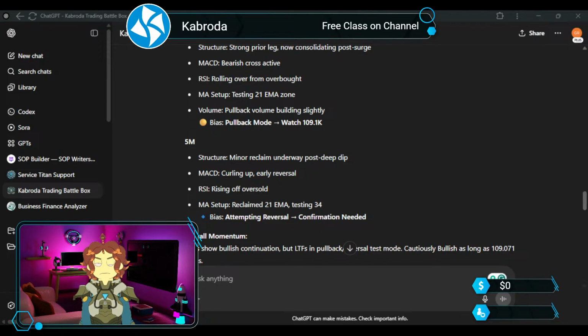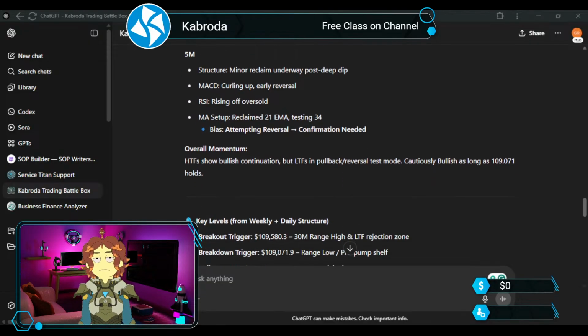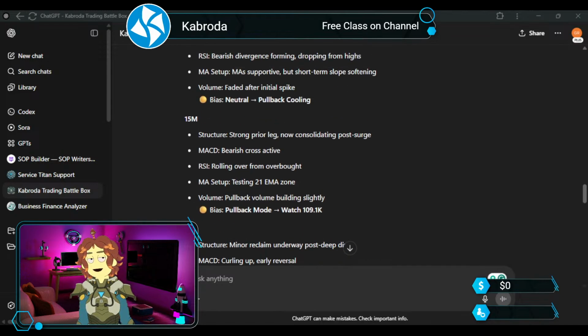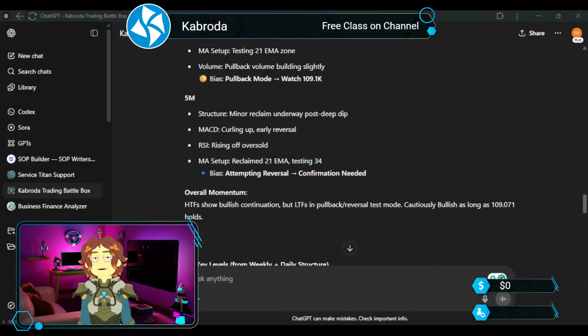It'll tell you, oh, 109K's expected for a downfall, and it's like, well, we're at 109.2, so it's like a $200 move for Bitcoin. It's really not that much of a move. So just be careful when it says that. Definitely not taking anything off of that.